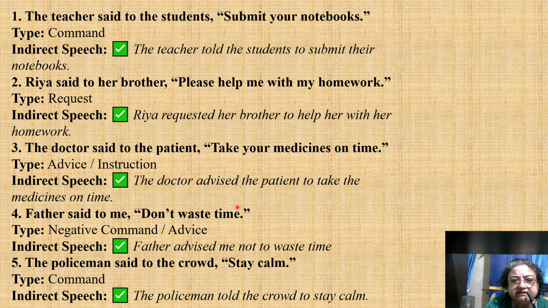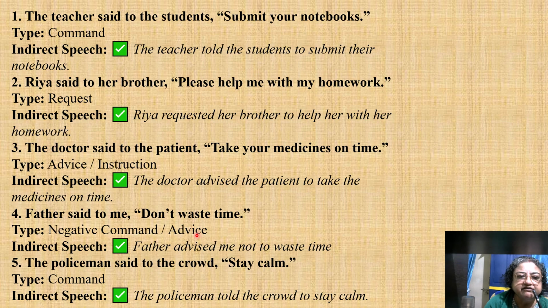This is a single example, but in the exam they may give you a passage or conversation type, and you have to change it there. If you know these rules and have a clear concept, then it will be easy, and I have explained in a very easy way. Go through this slide twice, thrice more, and you will understand.